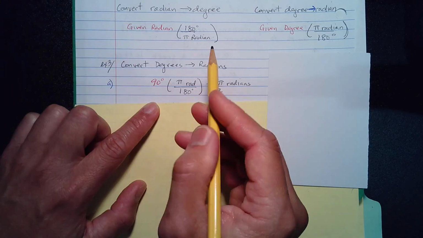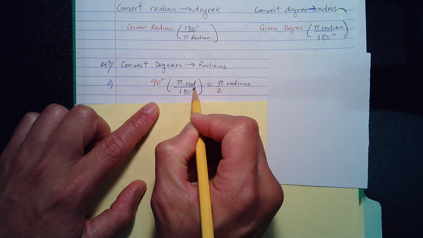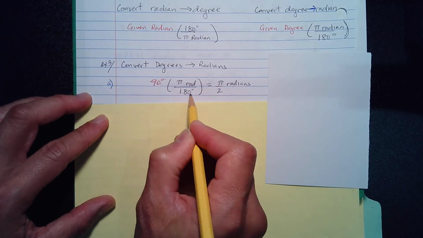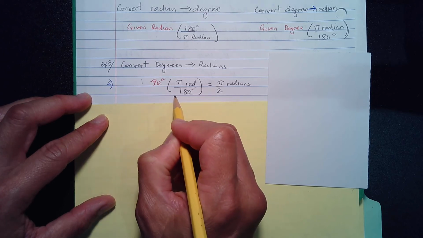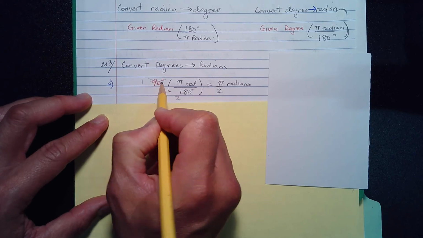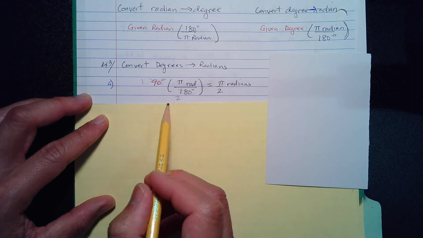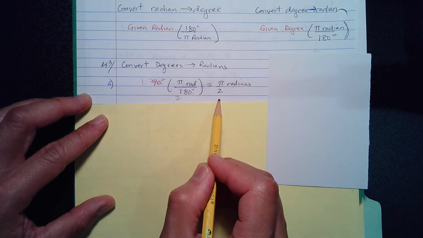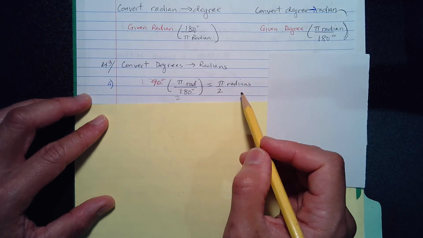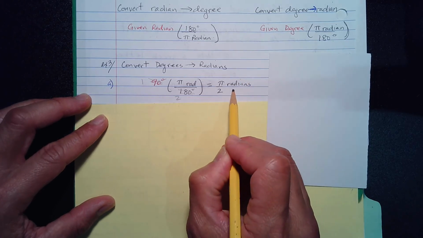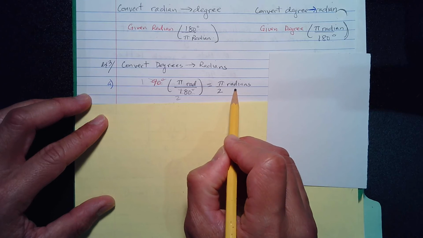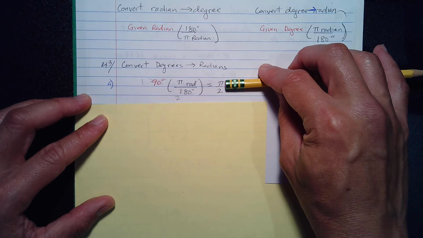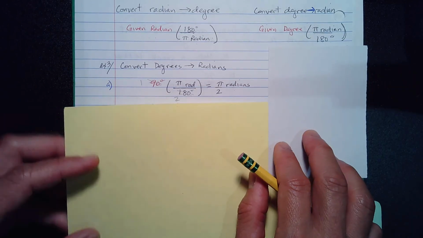So what you're going to notice is the degrees will reduce. 90 over 180 is 1 over 2, so we have pi over 2 radians. Later on in the lesson, it's not necessary to write the word radians. You could just say pi over 2 and it's understood that you mean radians.